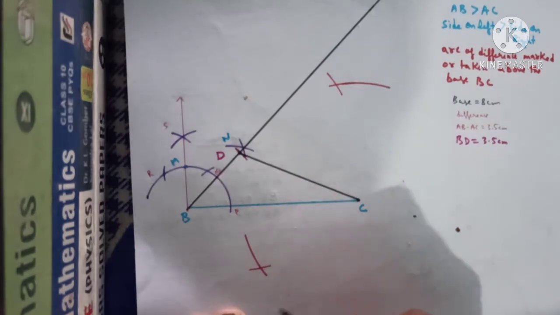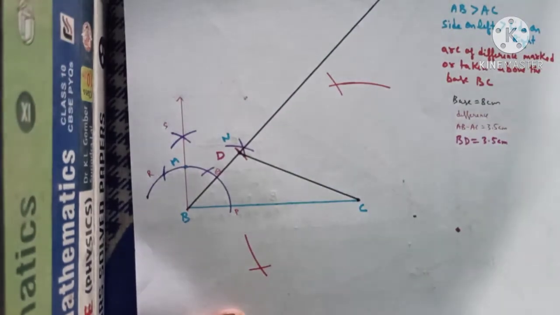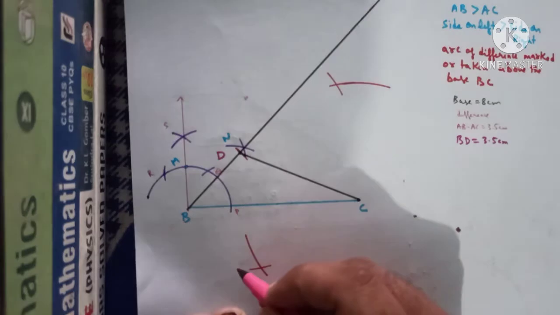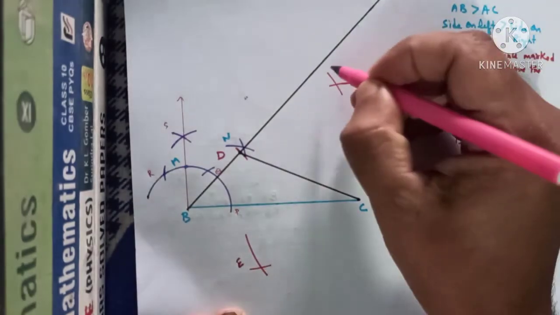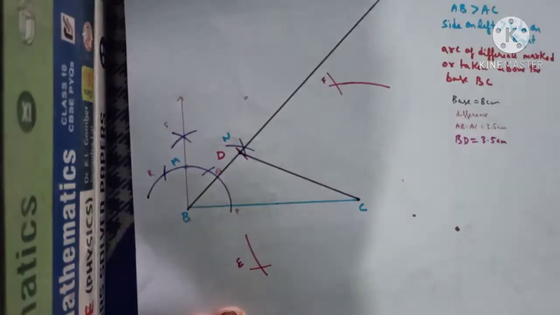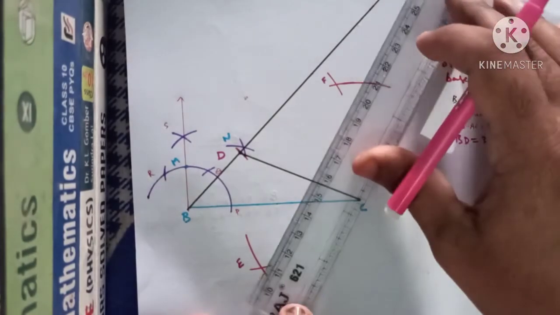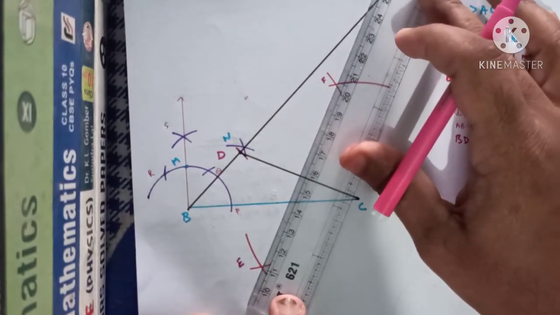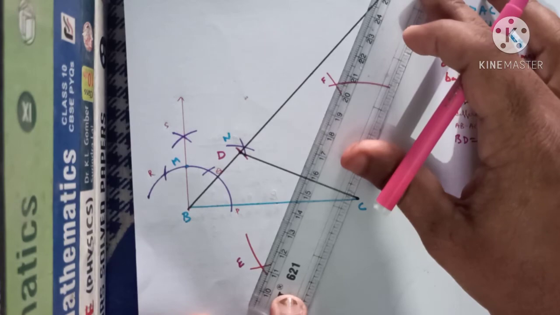X is already taken, so we can take E and F. Now we'll join this perpendicular bisector EF.